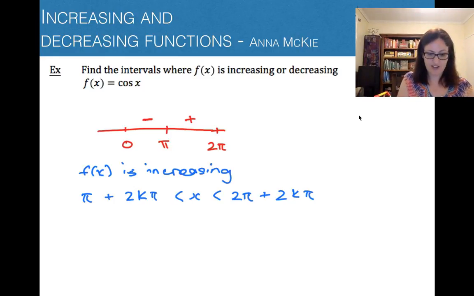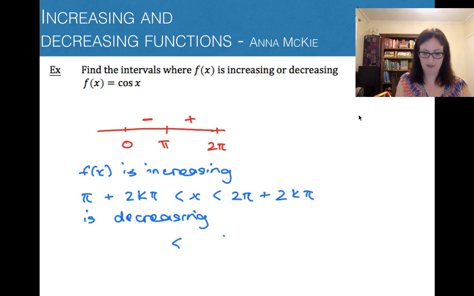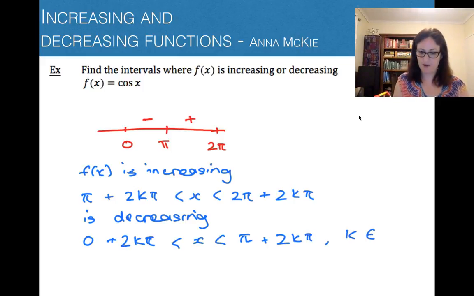And for the decreasing, so between 0 and pi. So again, interval notation between 0 and pi, and adding on 2k pi. And an extra side note, that's where k belongs to the set of integers.